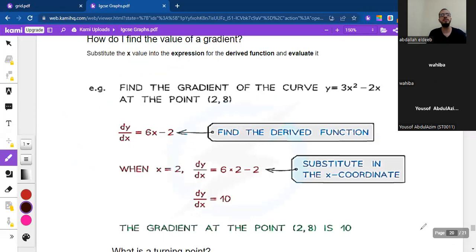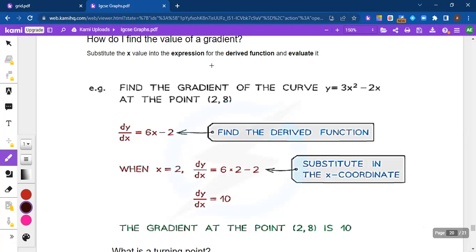Now the question is, how do I find the value of the gradient? All you need to do is to find dy by dx, or the first derivative. Then you substitute the x value into the expression for the derived function and evaluate it.